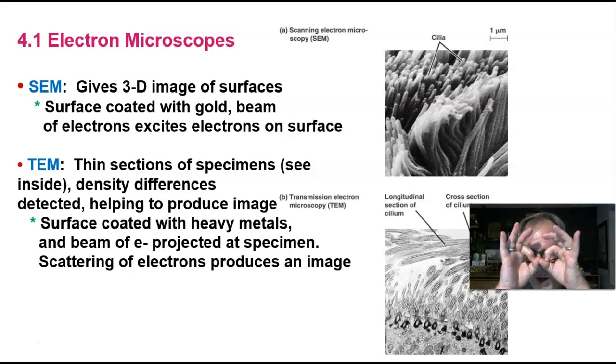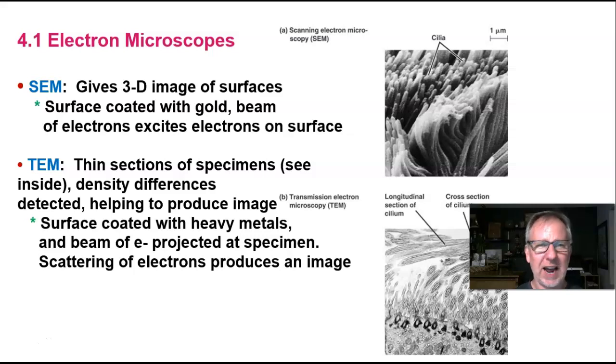We don't look through them like we do light microscopes, but there are cameras and computer boards that pick up images, and we see these images on computer screens or monitors.